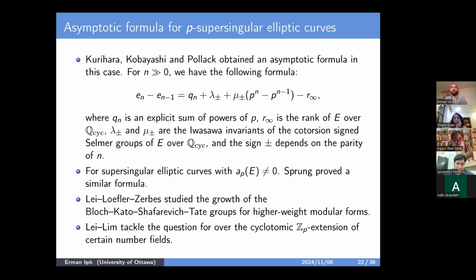Yes, this is the case. Sorry, I didn't give the entire literature because I was focused on cyclotomic and anticyclotomic, so that was my distinction. But yes, there are some formulas over the maximum Z_p extension.